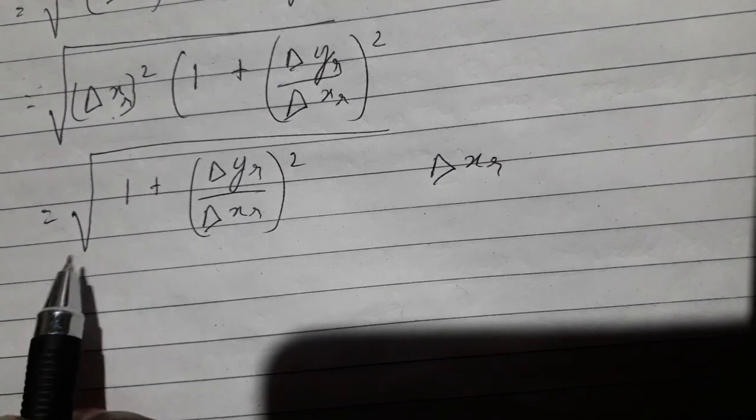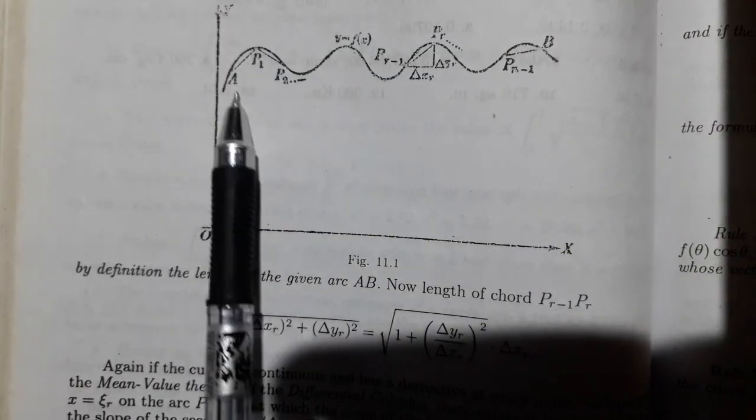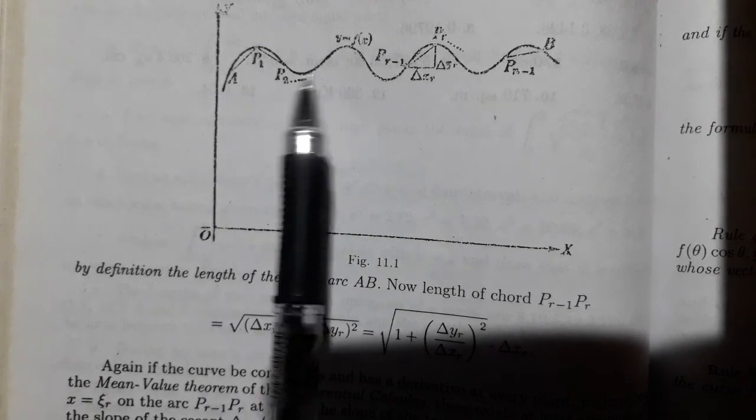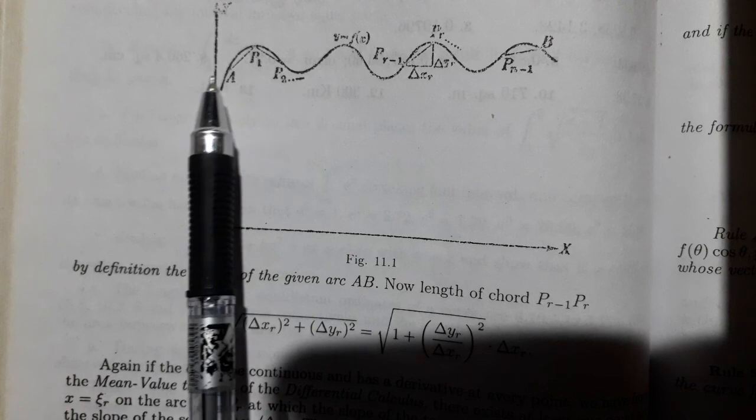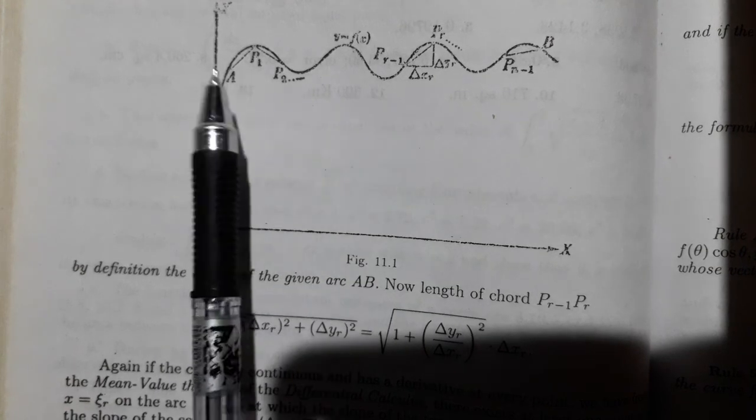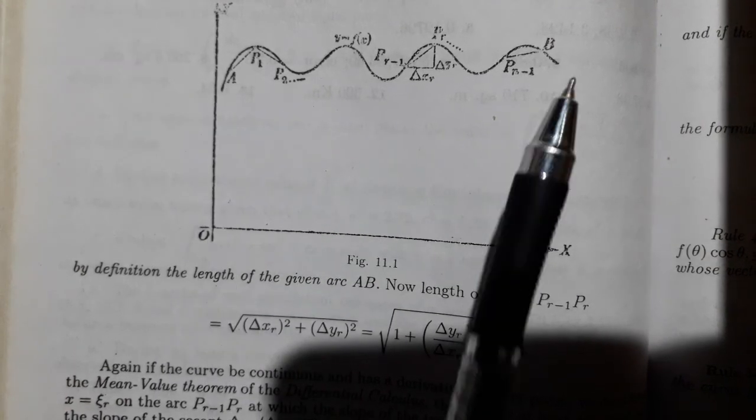Now this is the length of only one line. In this picture, you can see that we are inserting many points, and the length of each piece can be given by this. So instead of finding the length of each, we can integrate from this point to this point.